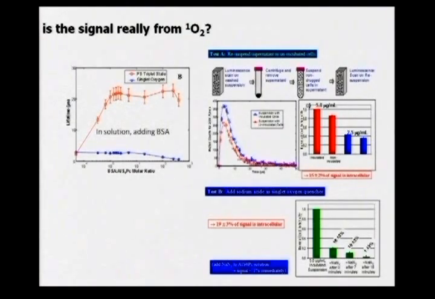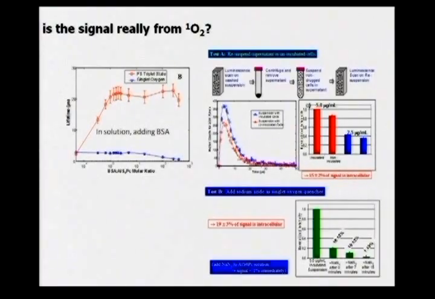Now, if you allow the cells to sit there for any length of time, like a minute, in the cuvette, and you make the measurement again, this is what you get, the red curve, a much bigger signal.